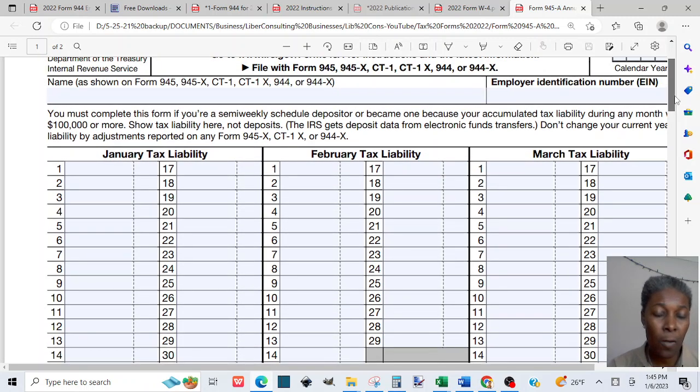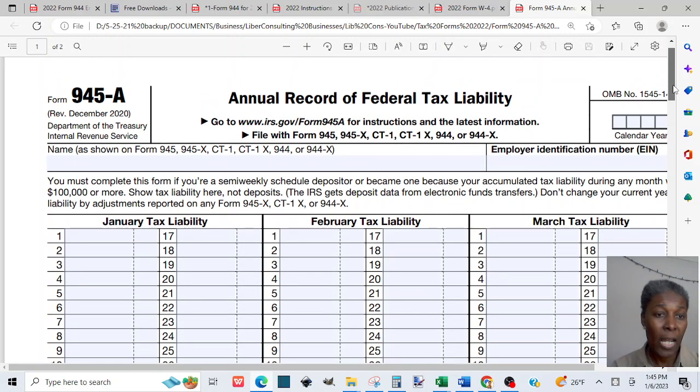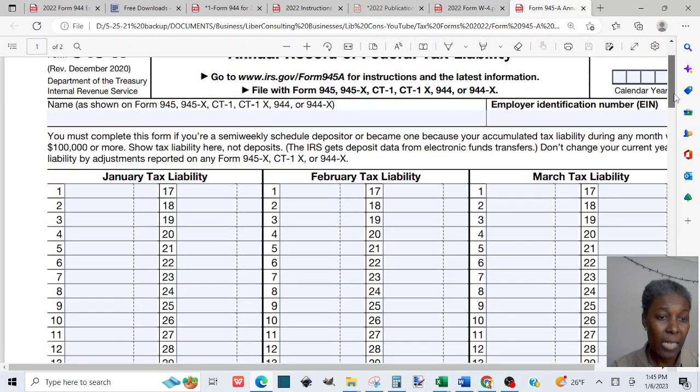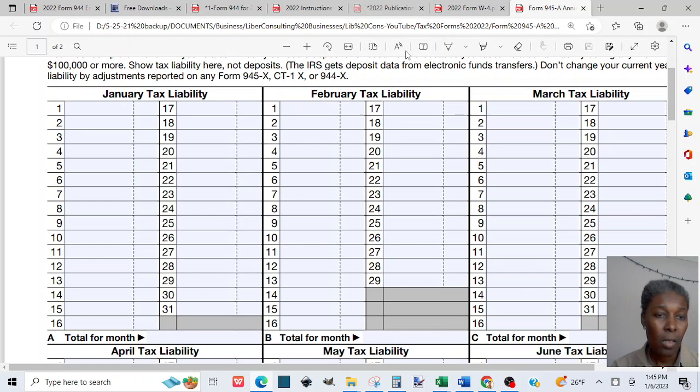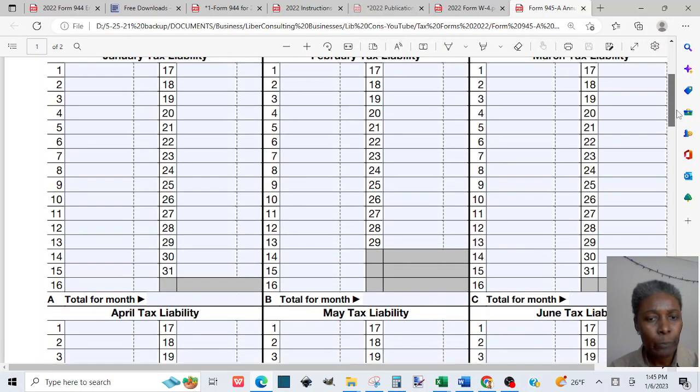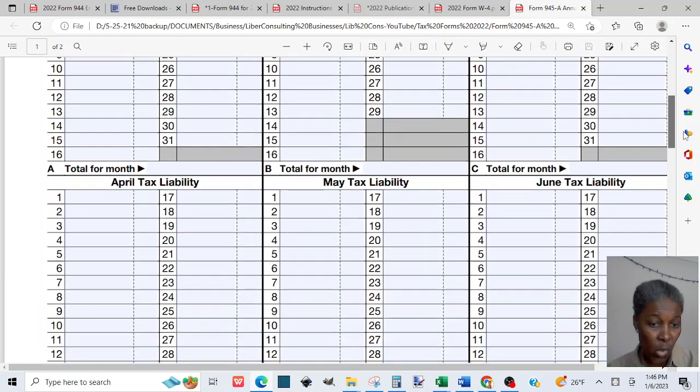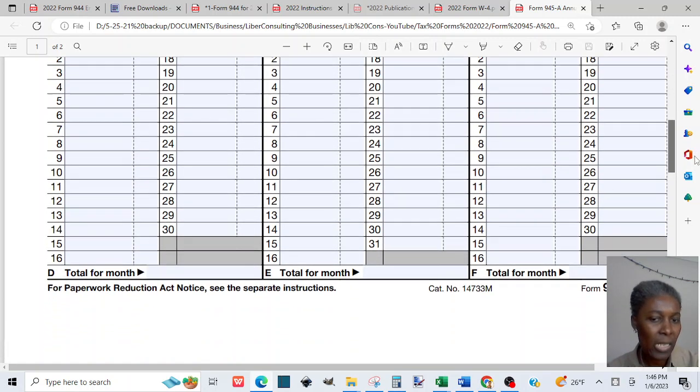Or if you start with one of our free downloads, you can adjust it. If you have to complete Form 945A, it's pretty much telling you every single day of the month the payroll tax liability on those days. The day that you pay wages, you'll put the tax liability there as well. So I think in fact it could be a good template to duplicate and have as a spreadsheet to help you track your tax liabilities.